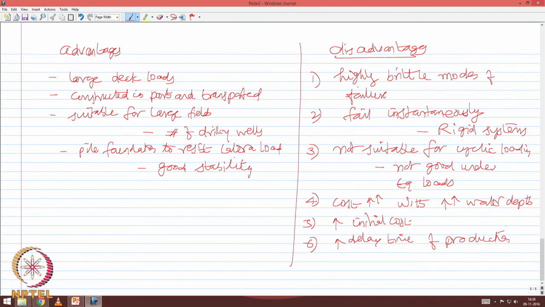So, friends, it takes about 3 to 5 years to commission or install a fixed platform. So, early start of production, which is a requirement for an offshore platform in the current trend, is absolutely missing in this particular platform.